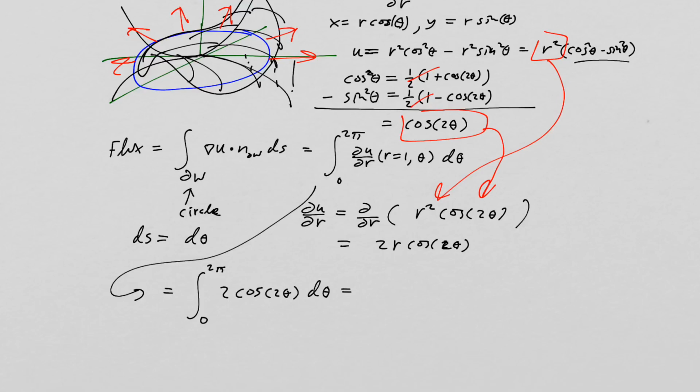And of course this integrates to 0. The antiderivative of cosine 2 theta is sine 2 theta over 2, times 2. We evaluate it from 0 to 2 pi, and we get 0 minus 0, which is equal to 0. So of course we check that off. We have truly verified that in this particular answer we did actually get a 0 net flux, and we also know it is a solution to Laplace's equation with a specific boundary condition.